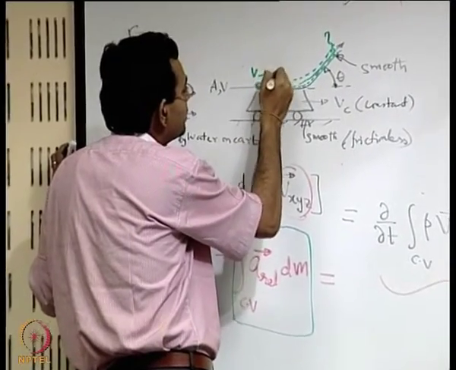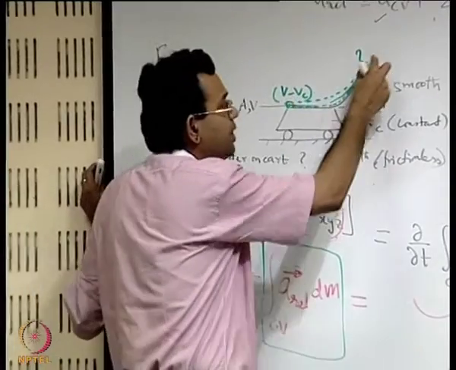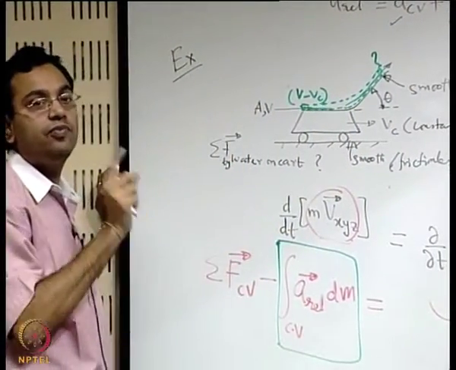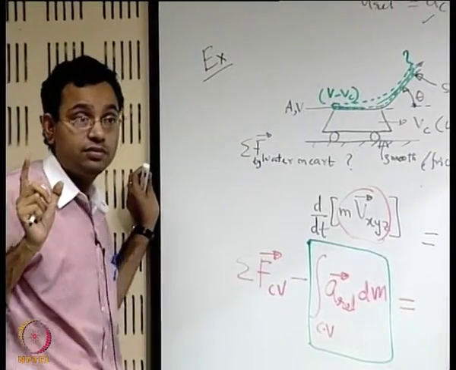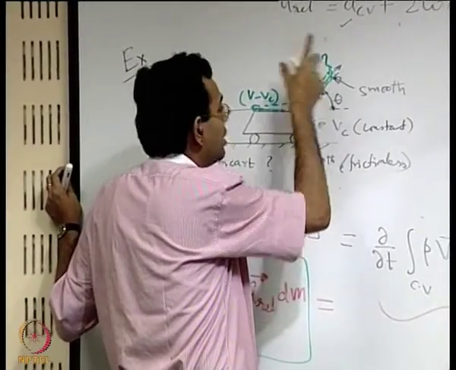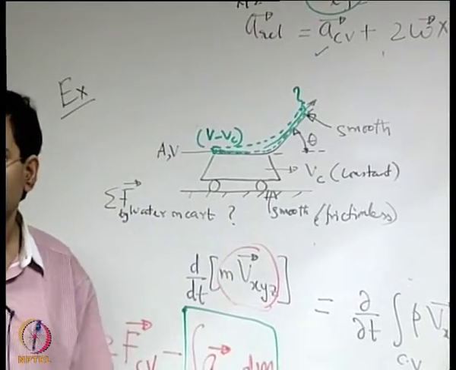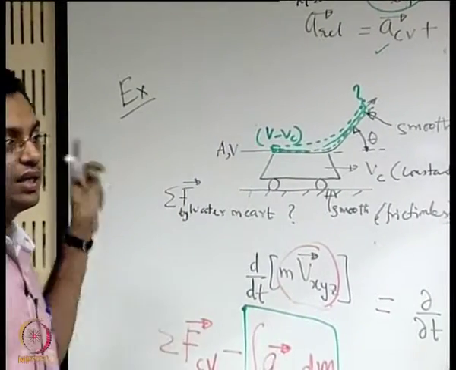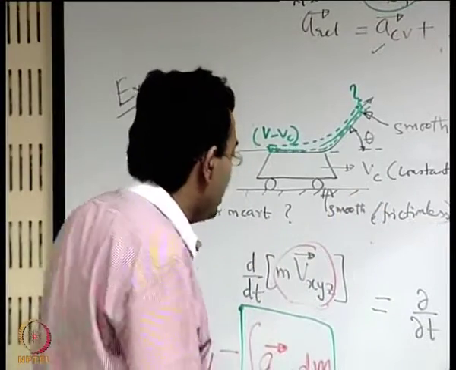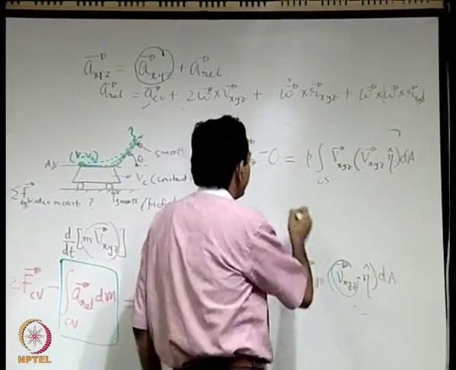Relative velocity here is V minus Vc, and that relative velocity will be preserved because the kinetic energy is preserved even in a reference frame which is moving but non accelerating. So, if you apply Bernoulli's equation here, then that V should be replaced by V minus Vc, because you are writing it relative to the reference frame. So, when you write this expression here, what will come out?